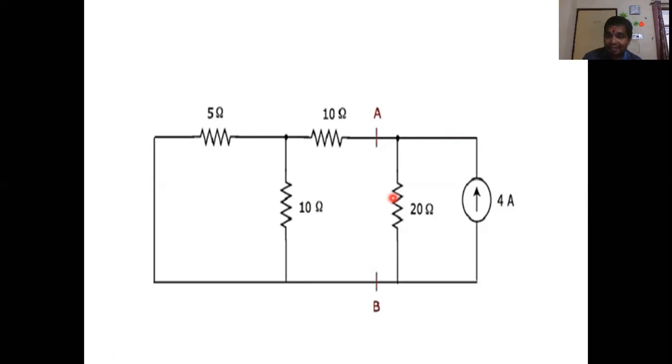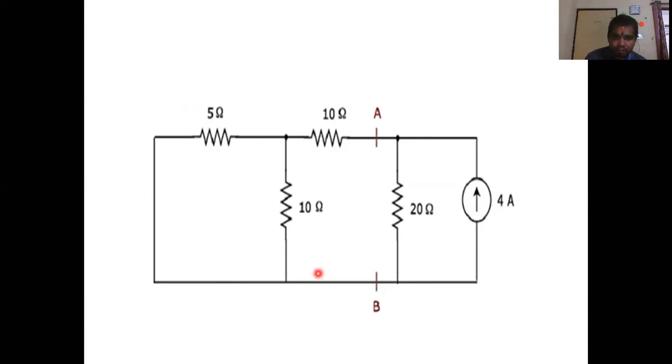You will apply the current division rule. Current division rule is applied when a total current is known and 2 elements are connected in parallel. So what I am going to do is determine the equivalent resistance for this portion so that I can apply the current division rule.